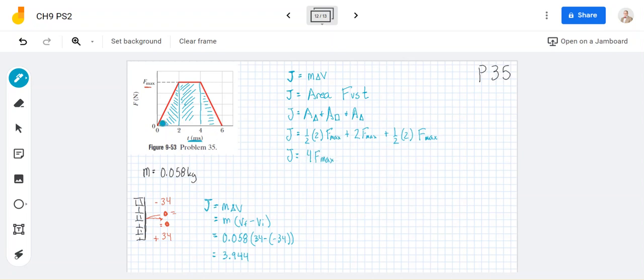And the 4 is the time component here, but it's really for milliseconds. So when I go to calculate that, it's really 0.004 times F max. And I know that this is my impulse here, and this is my impulse here. I'm going to set them equal to each other.